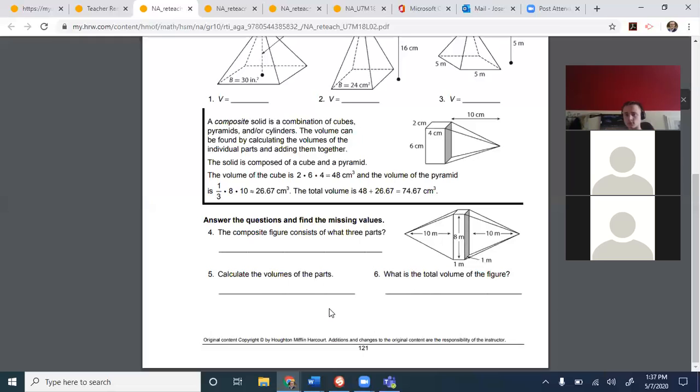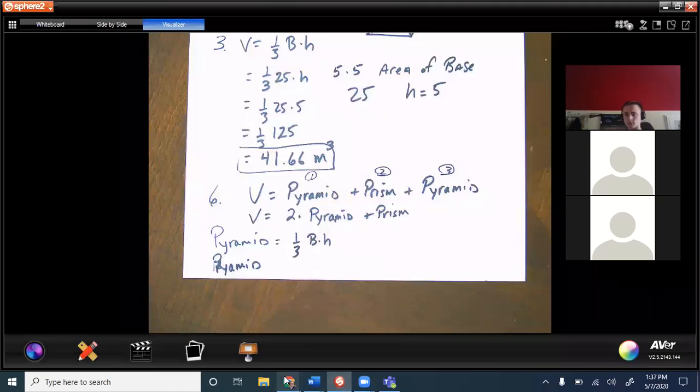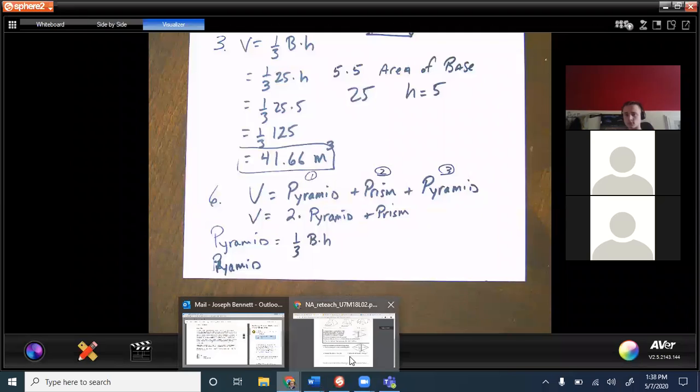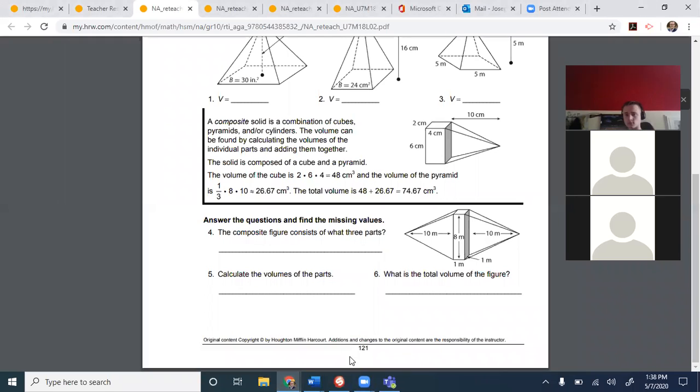Okay, so the volume of a pyramid we know is 1/3 the area of the base times the height. Okay, 1/3 the area of the base times the height. All right, so in this case, we're going to take 1/3. The area of the base looks like that is 8 times 1.